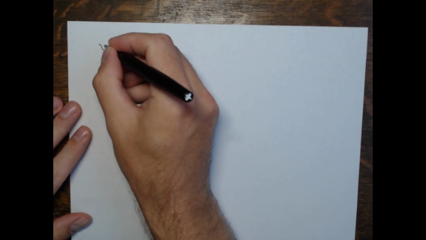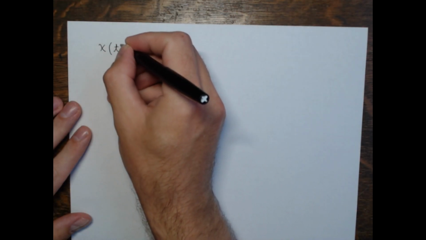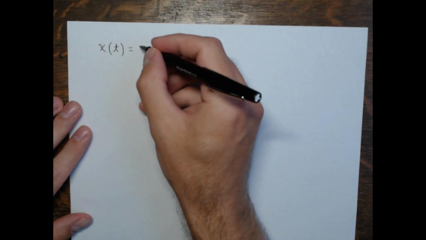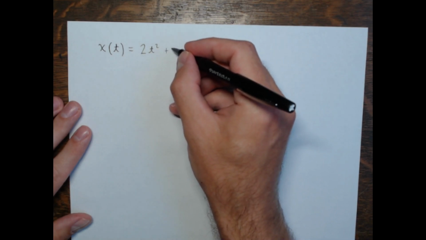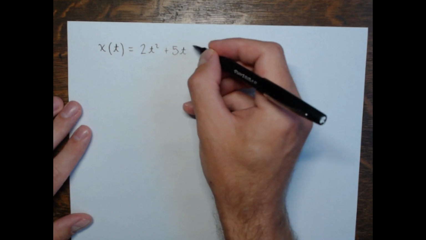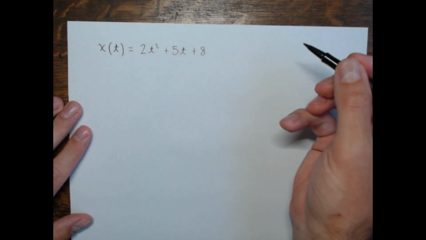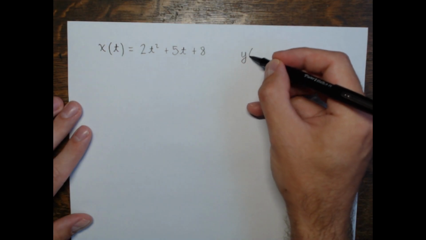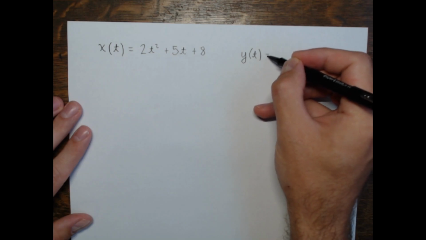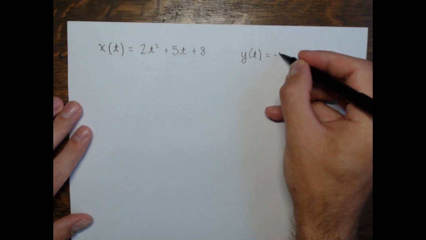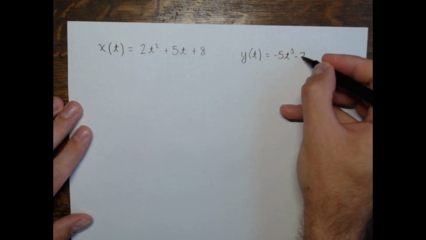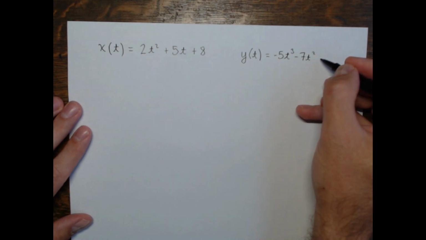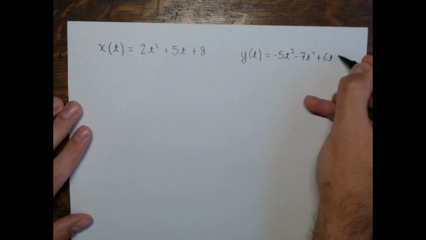All right. So here are the parametric equations. We had x of t is 2t squared plus 5t plus 8, and y of t was negative 5t cubed minus 7t squared plus 6t plus 7.